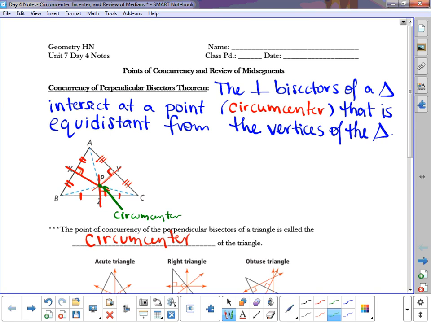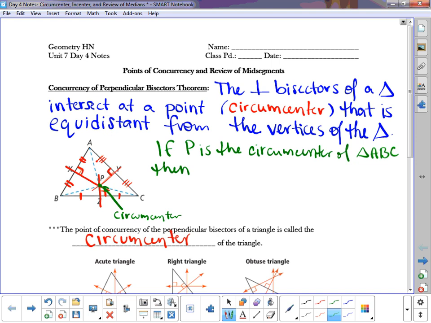So what this theorem tells me in this picture here is, if P is the circumcenter of triangle ABC, then according to this theorem the circumcenter is equidistant from the vertices.